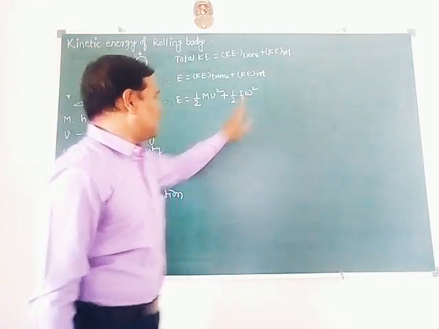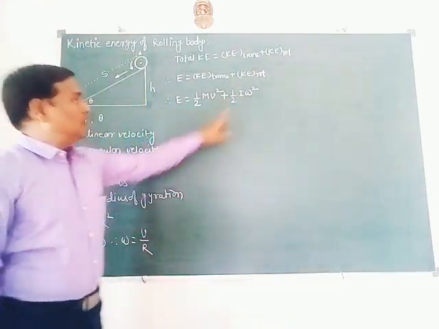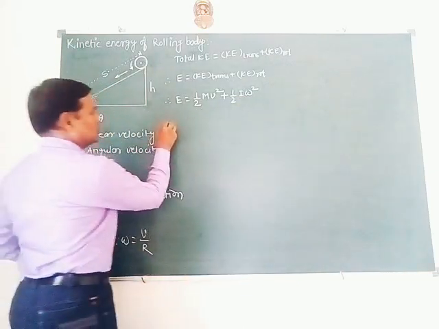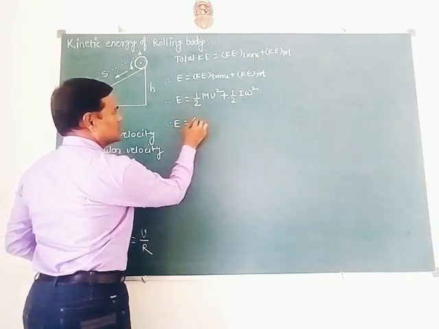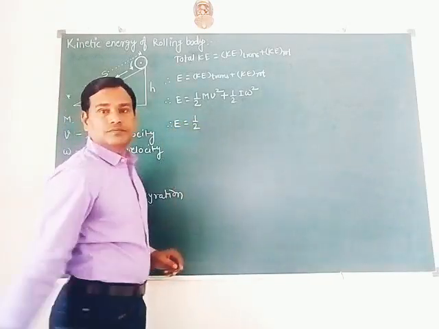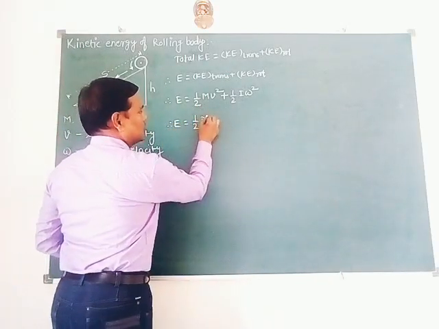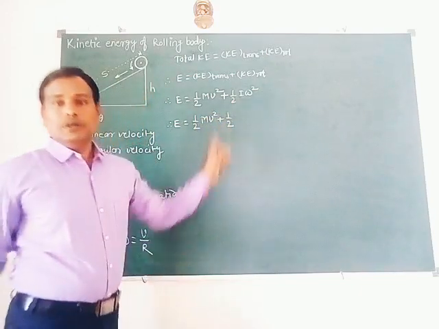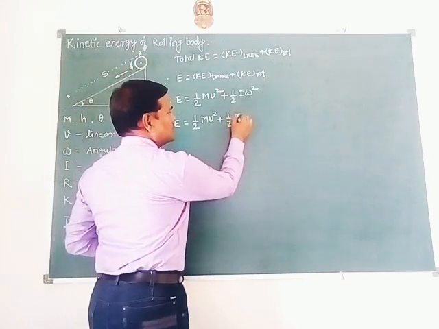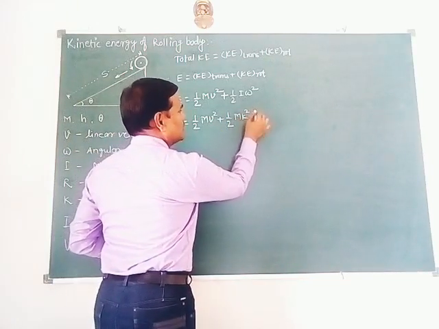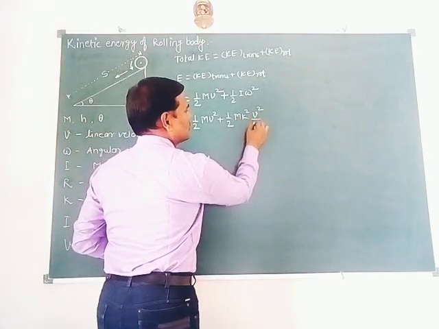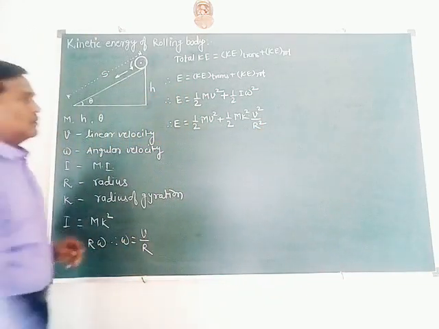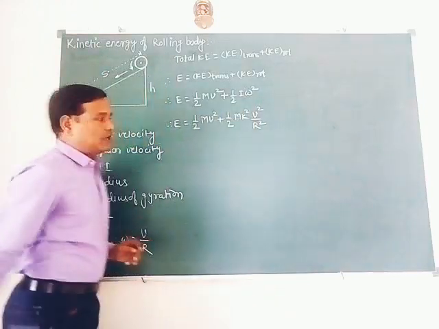So instead of I, we can write m k square, and instead of omega, we can write v by R. Therefore, this total energy becomes half, here it is capital M into v square, plus 1 by 2, instead of I, it is m into k square into v square upon r square, as omega equal to v by r. So what is the common part here?